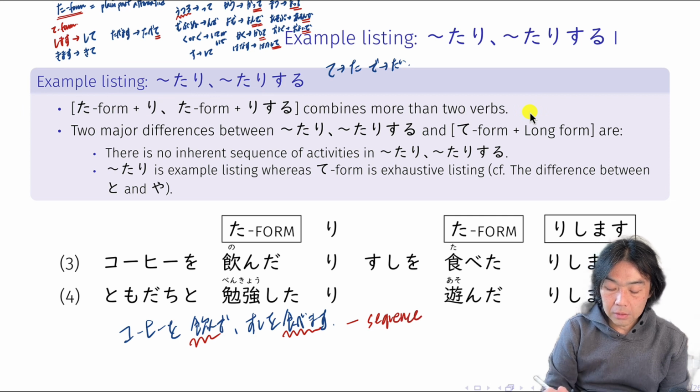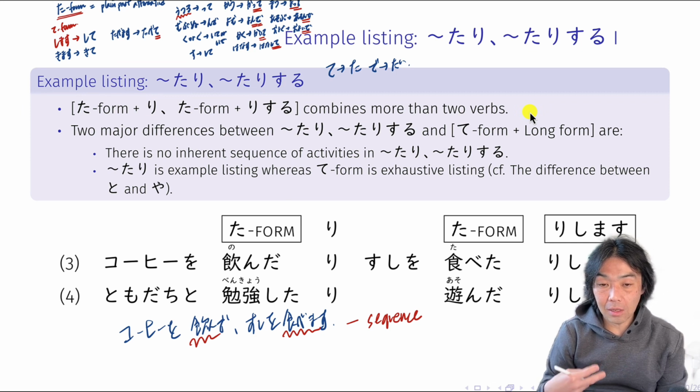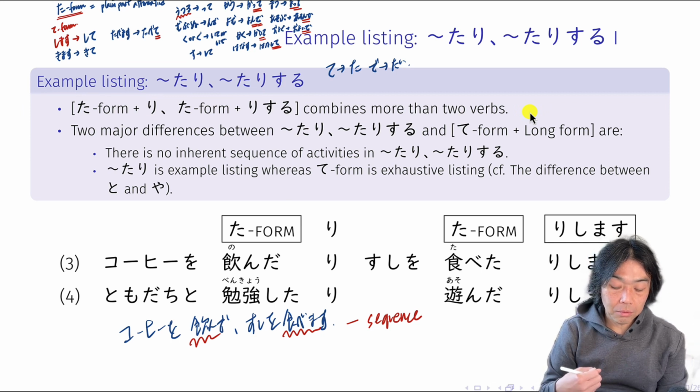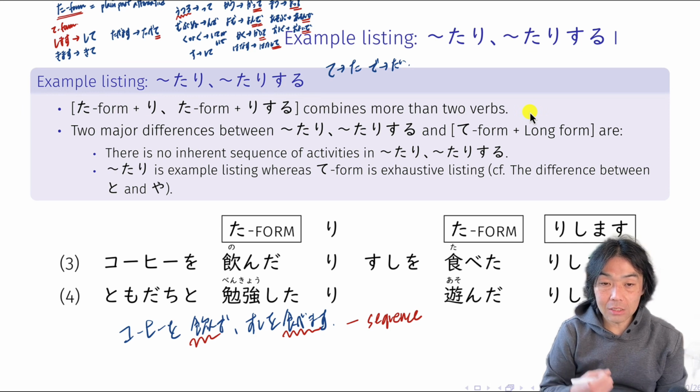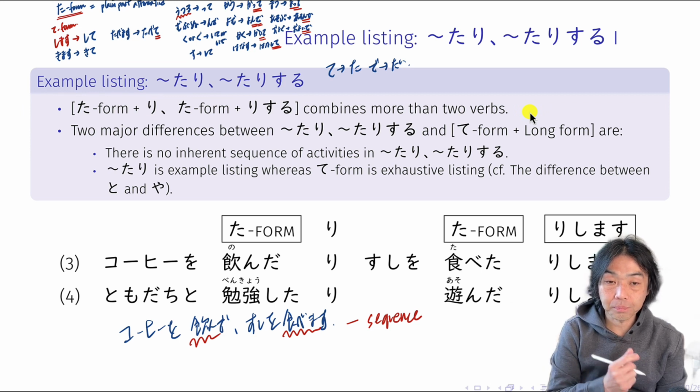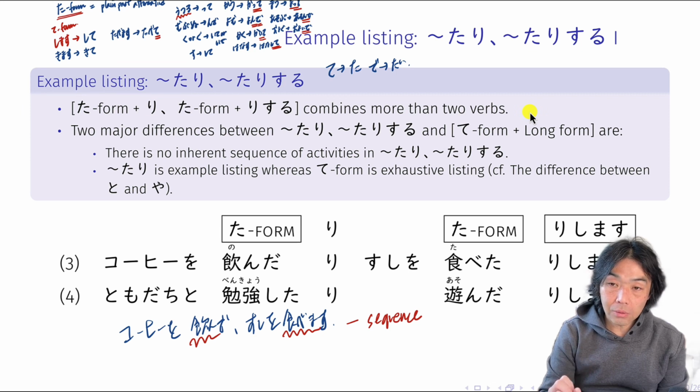Okay, it indicates that the first thing you said happens first, followed by the second thing you said. So in this example, you drink coffee and eat sushi. It's not eating sushi and drinking coffee. So there's a very specific order for that. It also indicates that this is an exhaustive listing.